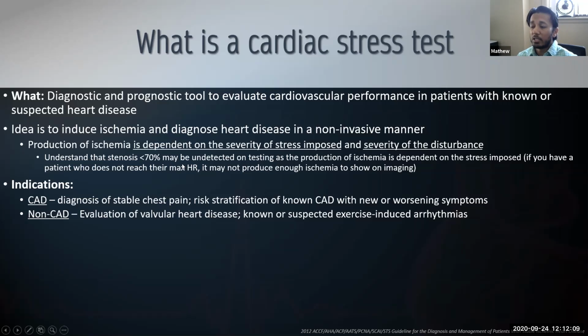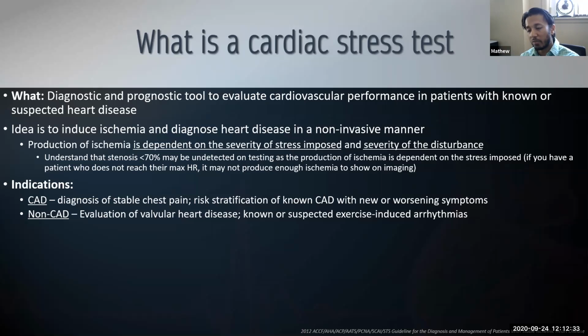Understand that stenoses less than 70% can go undetected. If you don't stress them enough, you might not get it to the point where less than 70% is enough to produce anything on imaging, on the EKG, on the echo, or on the nuclear.